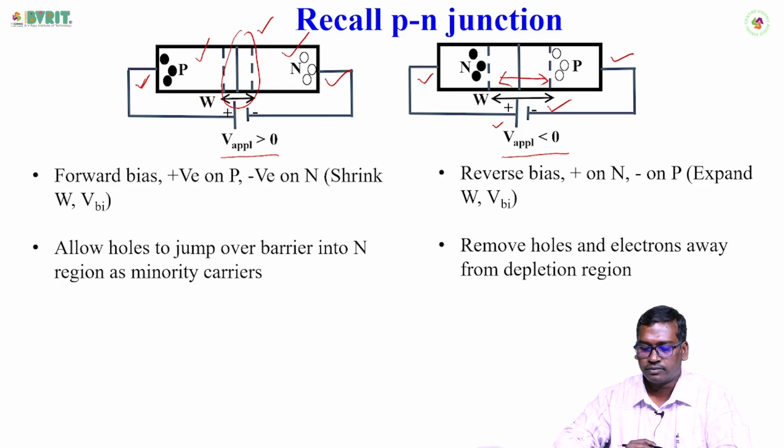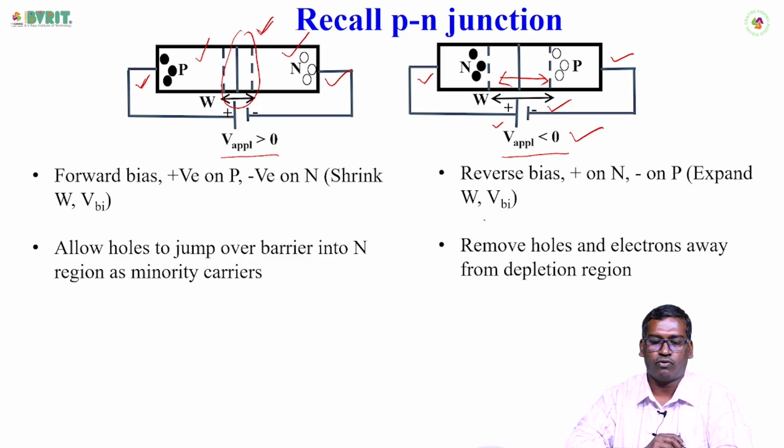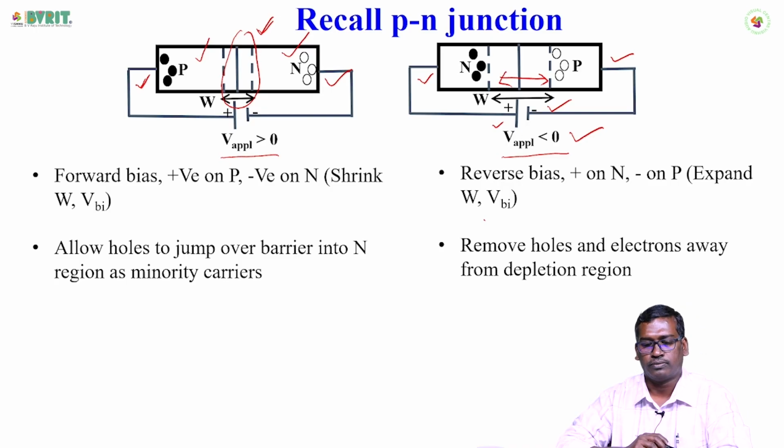If you see the comparison, the width is becoming large, and that we can observe in reverse bias. During PN junction reverse bias, the depletion width becomes larger, whereas in the PN diode in forward bias, the depletion width is narrow.